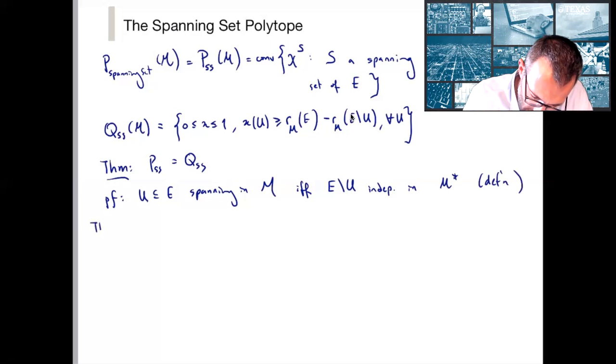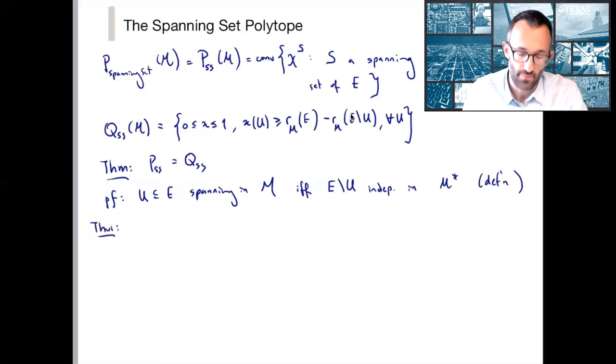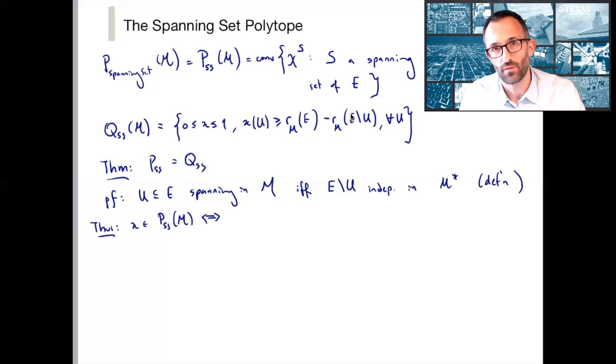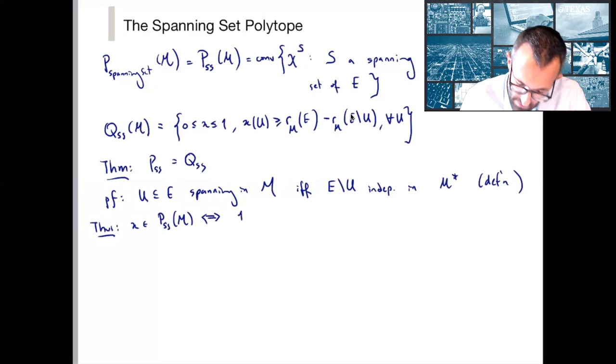And thus, what does this tell us? It tells us that x is in P_SS of M if and only if its complement, 1 minus x, and what I mean by 1 here is really the all ones vector, is in the independent set polytope of M star.